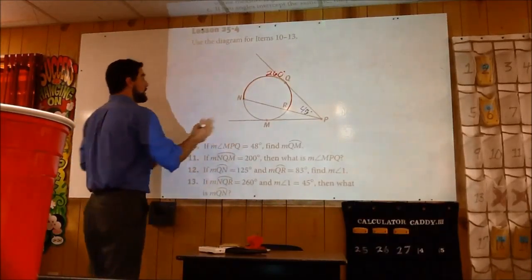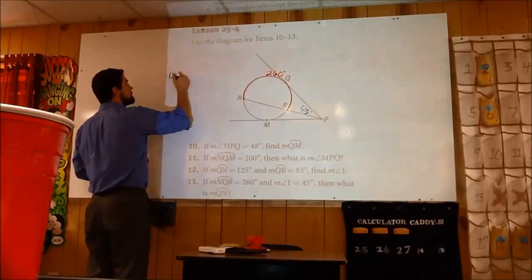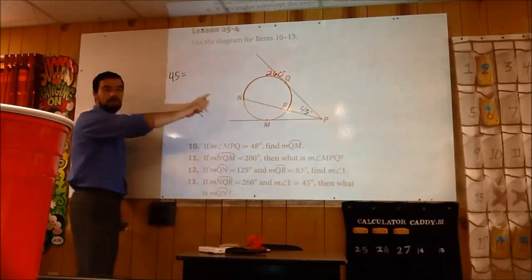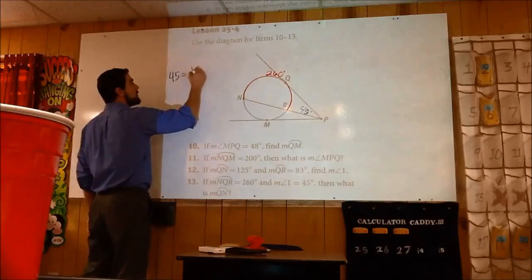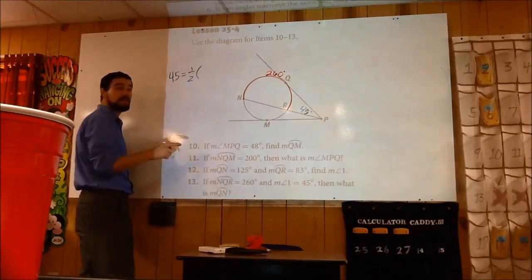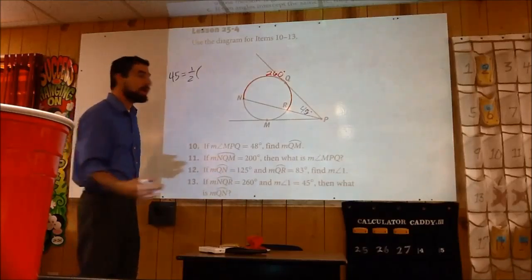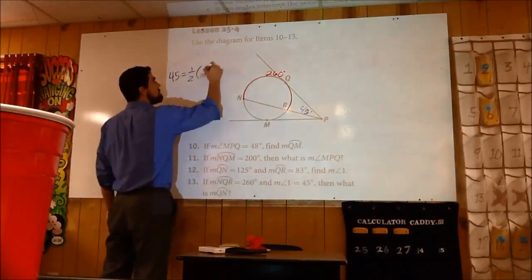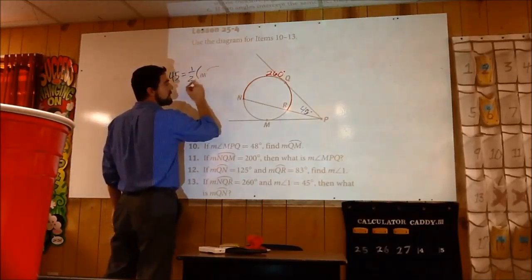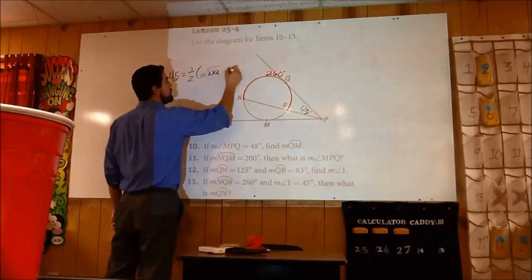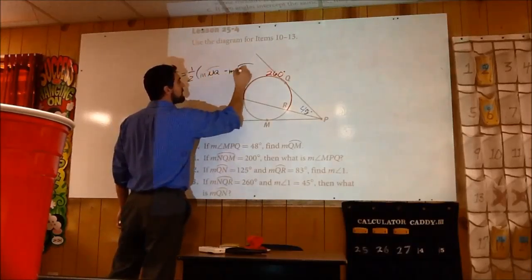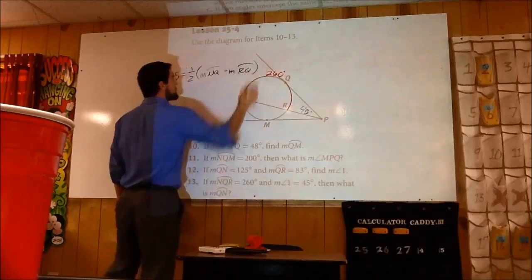So the measure of the angle, 45, is equal to 1/2 the difference of the 2 intercepted arcs. Well, we don't know either one of them, so it's the measure of arc NQ minus the measure of arc RQ.